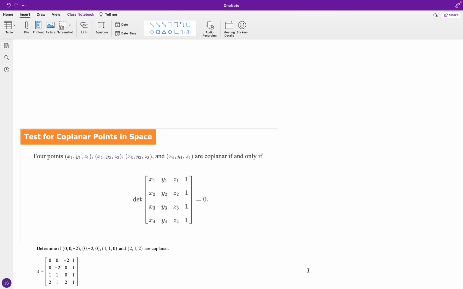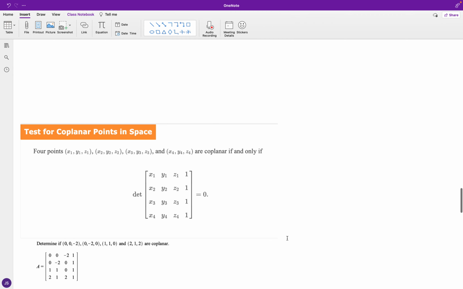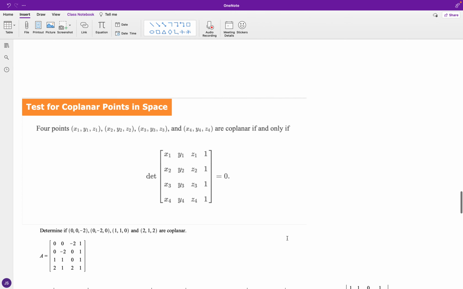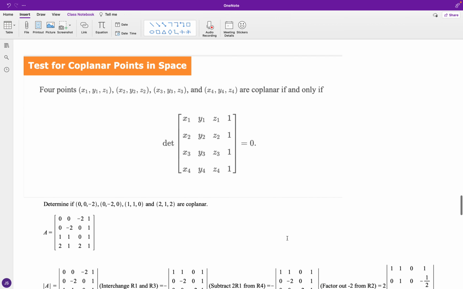Next you have the second set of coordinates followed by 1. Then you have the third set followed by 1, and likewise with the fourth set. Let's say you have four points and want to see if they are in the same plane, meaning coplanar: 0, 0, negative 2; 0, negative 2, 0; 1, 1, 0; and 2, 1, 2.